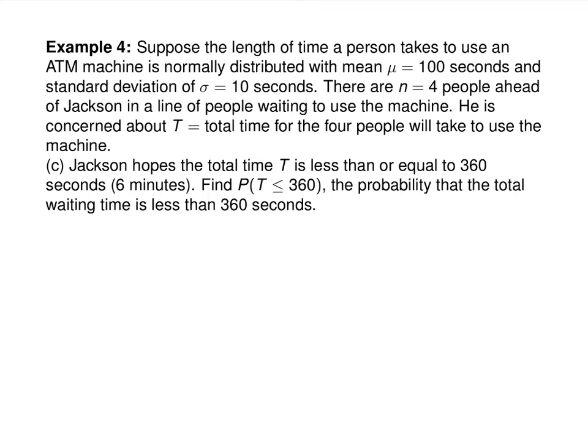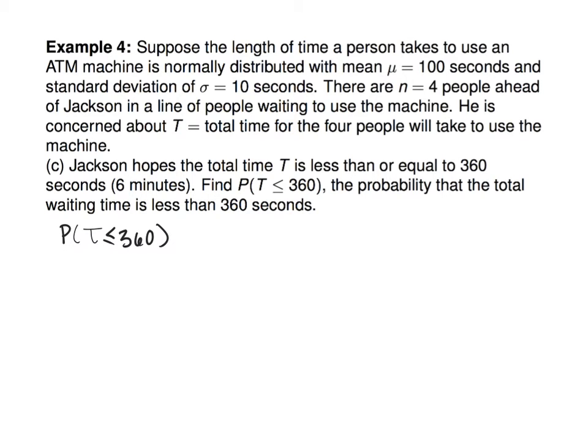Jackson hopes the total time t is less than or equal to 360 seconds, which is 6 minutes. Let's find the probability that he's waiting less than 6 minutes to use this ATM machine. So probability that t is less than or equal to 360.